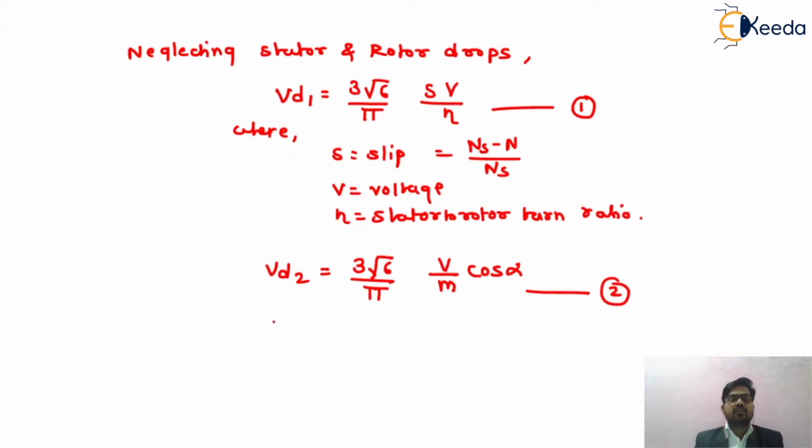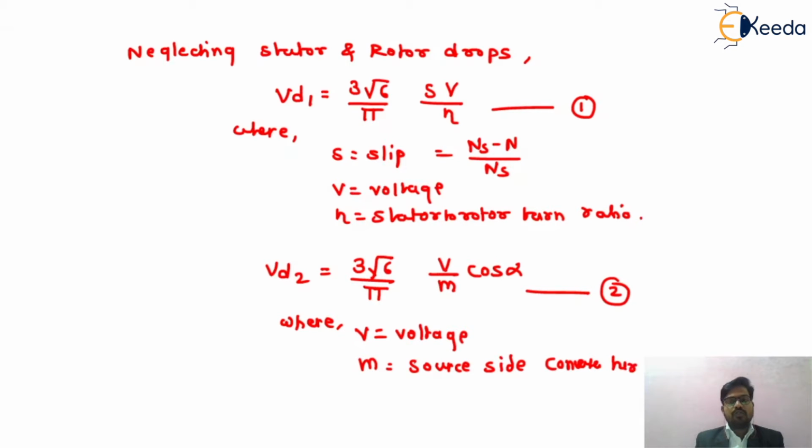This is equation number 2, where V is the supply voltage, and m is the source side converter turns ratio, that is the turns ratio of the transformer. And alpha is the firing angle of your inverter circuit.